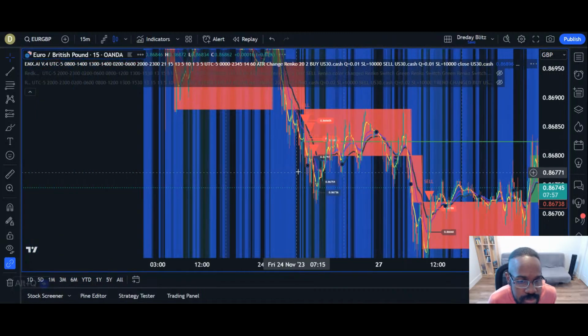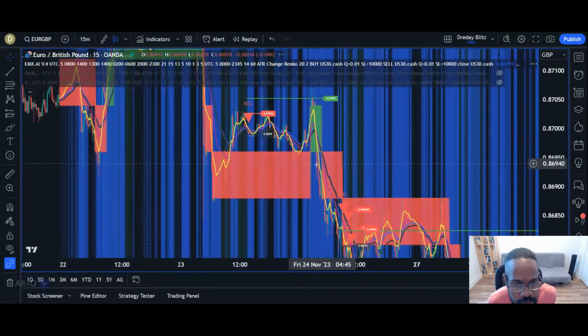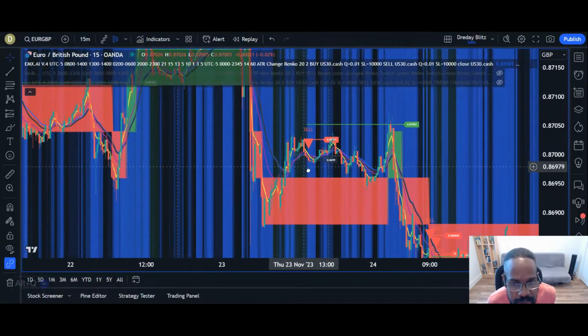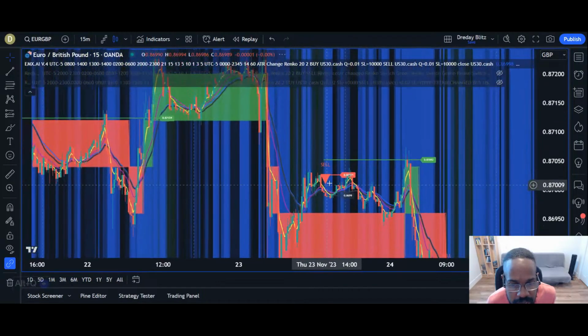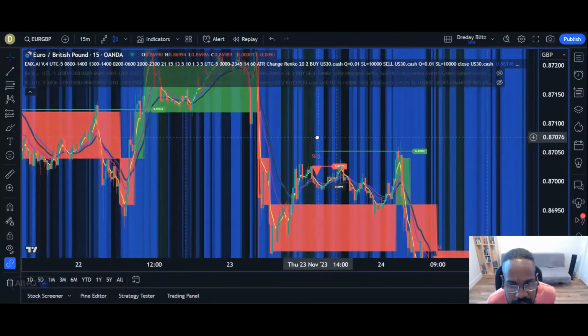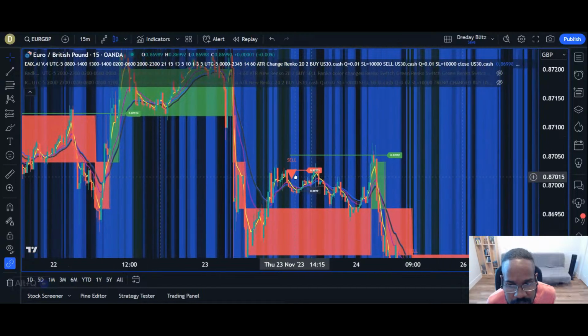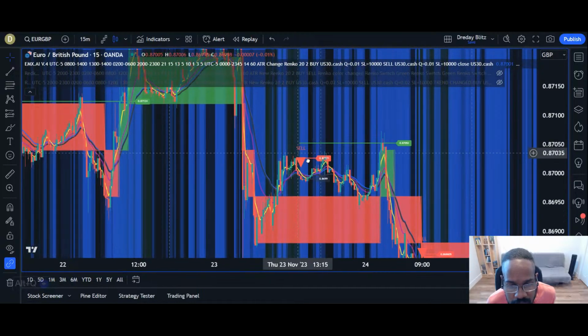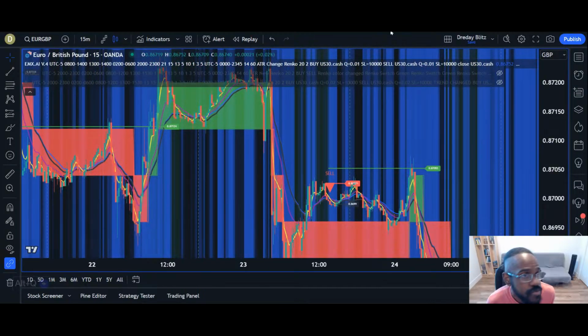Here we go. So that was version 4. In version 4, you only had the buy and sell, and you had the stop loss. That's the only thing that you had on version 4.